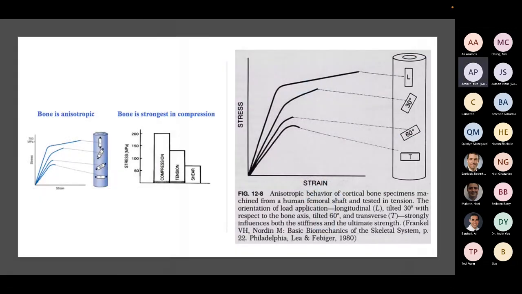So if you look at it, it acts different ways and has a different Young's modulus when you compare it to different forces acting on it. So it works best in compression, which makes sense. Axial compression forces tend to have the bone act in its best response to this.